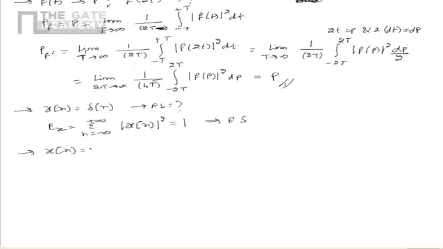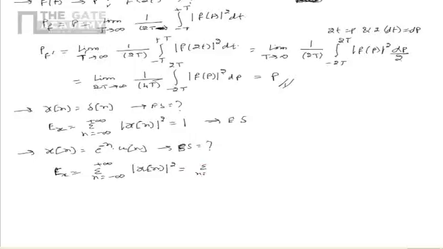Now there is another signal x of n is equal to e power minus n into u of n given. We have to find if the signal is energy signal. The energy of the signal E_x is given as sigma n equal to minus infinity to plus infinity mod of x of n whole square.